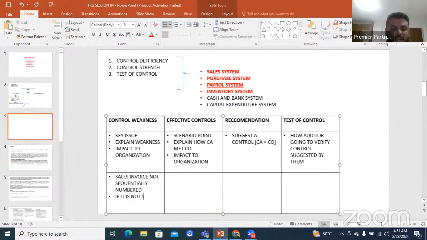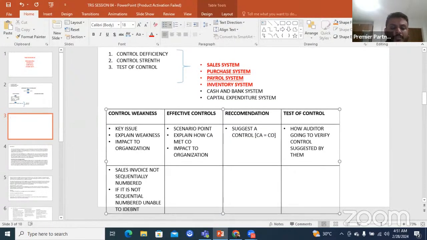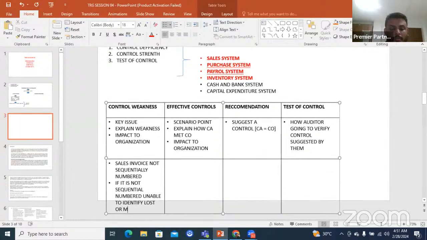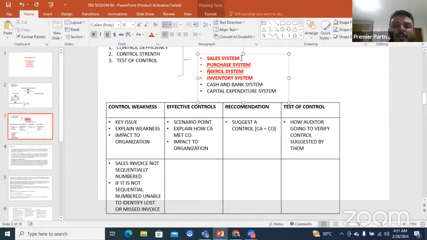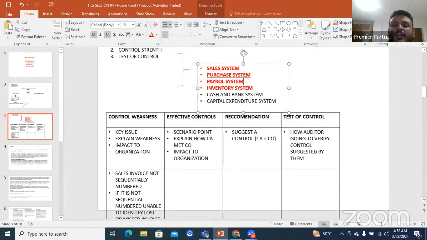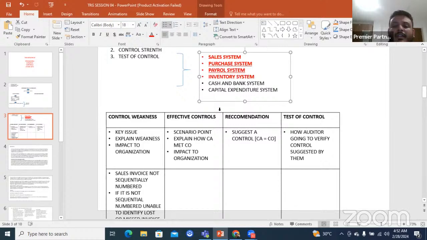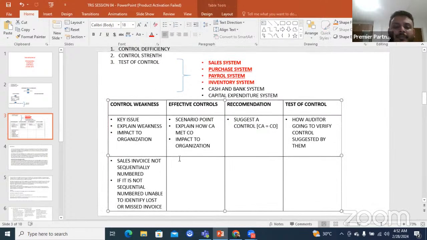If it is not sequentially numbered, you are unable to identify a lost or missed invoice. What I'm telling is, if any invoice is lost or missed, it's very difficult to identify. So that is what I'm telling here, right?